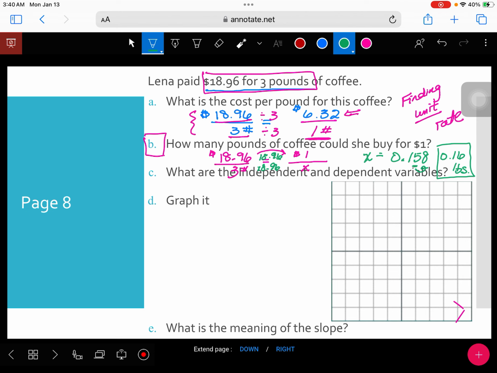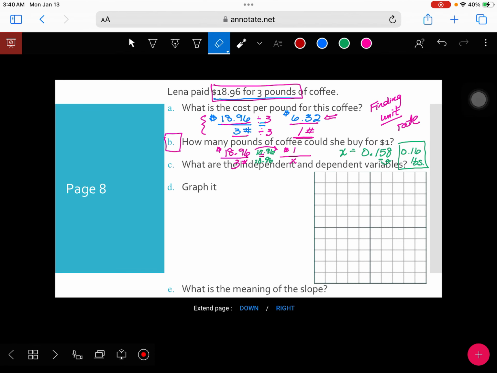And for me, the independent variable would tend to be the pounds of coffee. Number of pounds of coffee. And the cost of the coffee would be my dependent. So that would go on the y-axis.